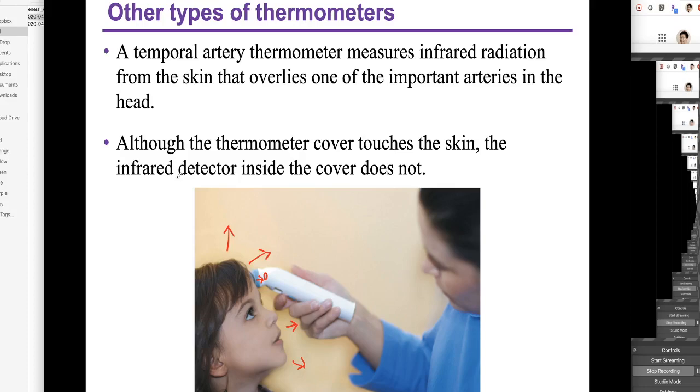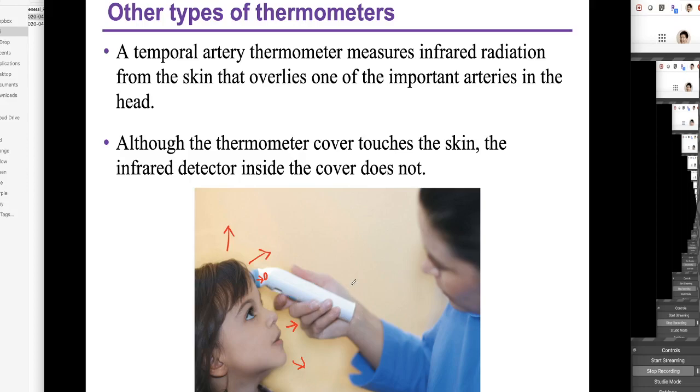If you have a lower temperature, the radiation is lower. So the sensor will sense the radiation and measure how strong your radiation is, and then how high your temperature is. This is the mechanism of this kind of thermometer.